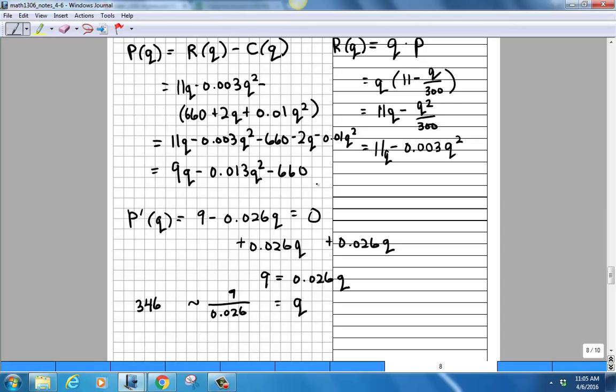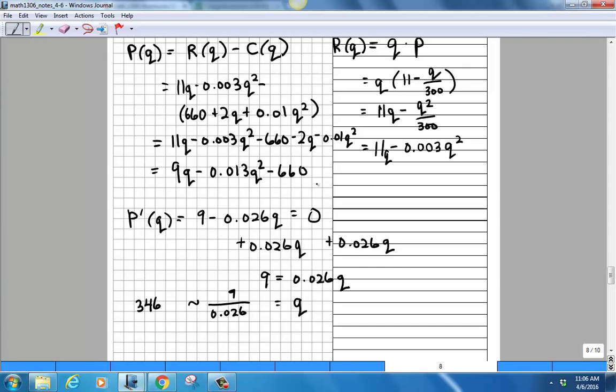The rate of change of the rate of change of this, you're going to bring the 2 down. Find this coefficient. I rounded that off to 0.003, and it was really 0.003333333.